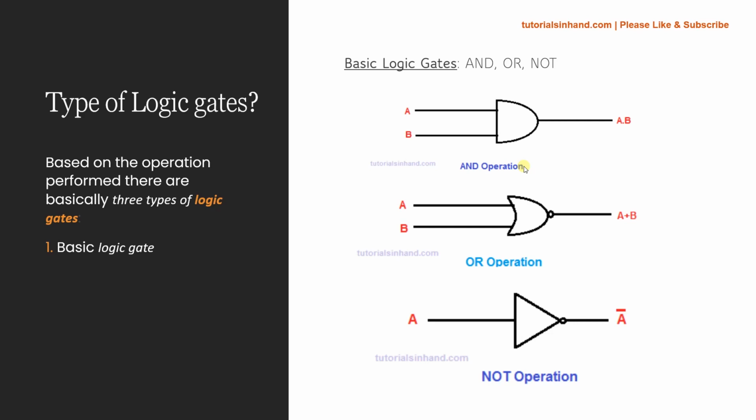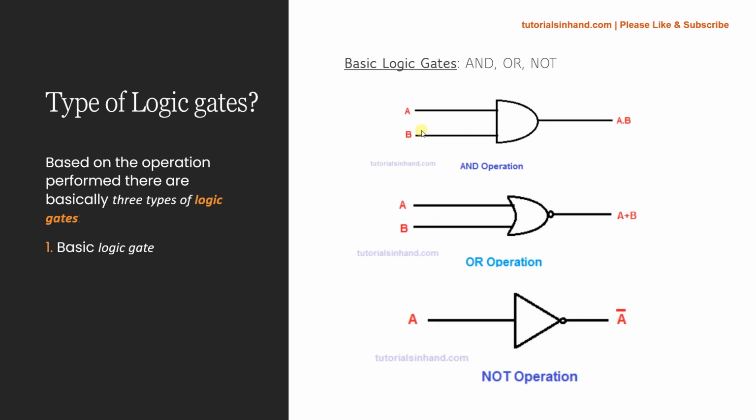We will be discussing each of them in detail in the respective video tutorials: how they function, how the truth table for them is created, and what the Boolean expression for each gate is. For now, just understand that basic logic gates are of 3 types: AND gate, OR gate and NOT gate.